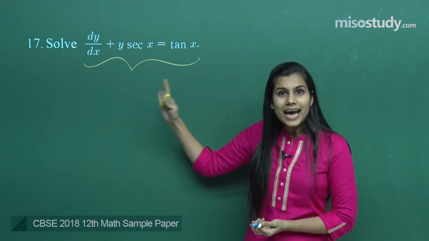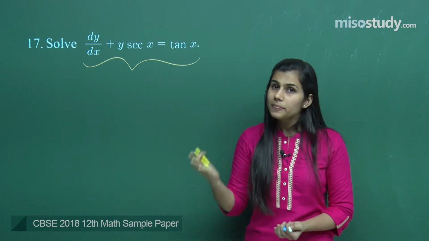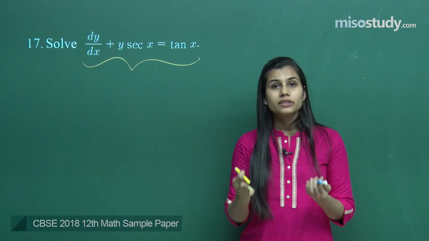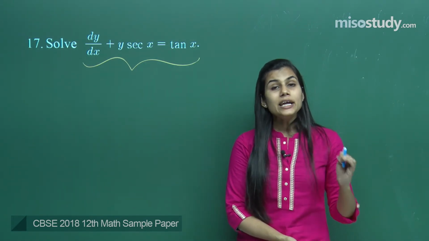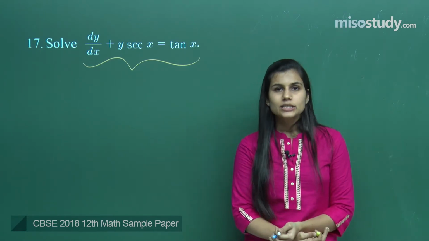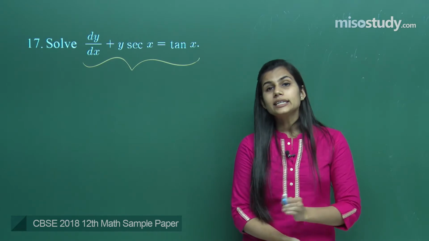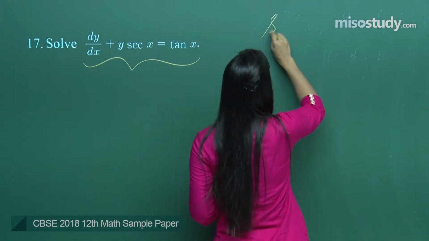Well, this is the exact form, the general form of a linear differential equation in the first order. Why? Because any differential equation with the dependent variable and its derivative only in the first degree present is known as a linear differential equation. And the general form of a linear differential equation in the first order is given by what?